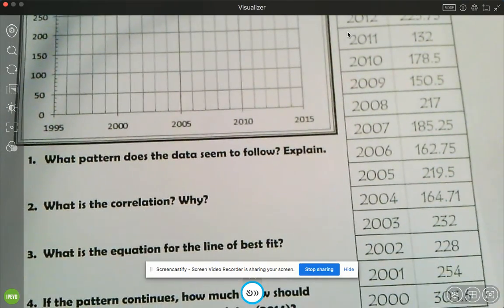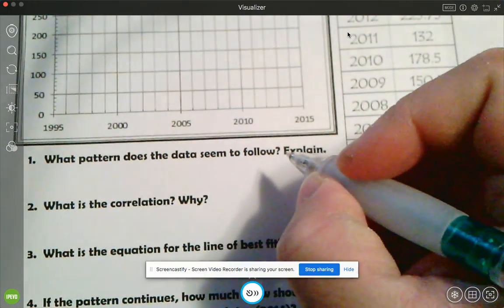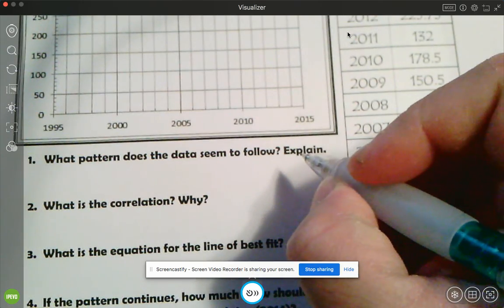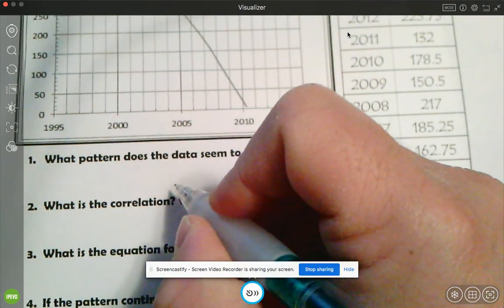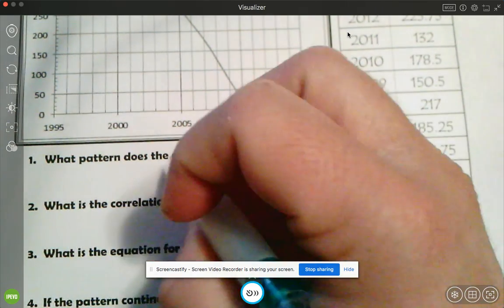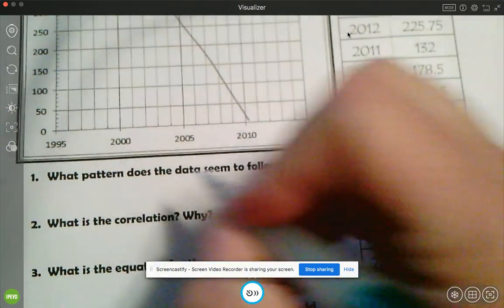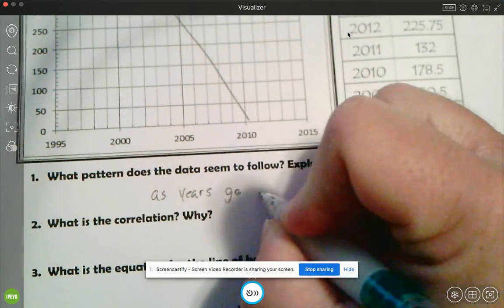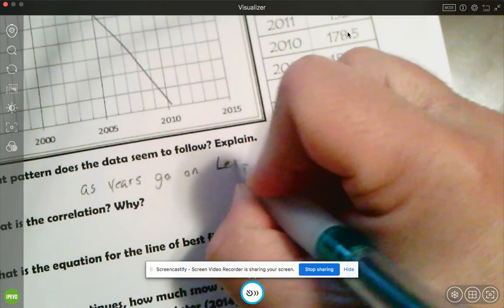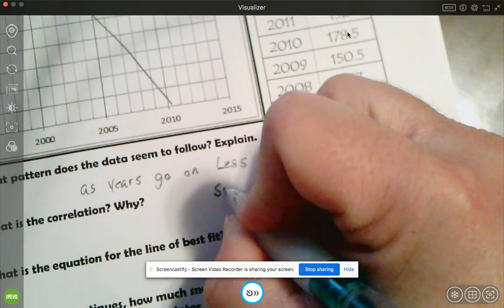The first question is, what is the pattern the data seems to follow? Well, the line's looking like that. So I would say as years go on, less snow, right?